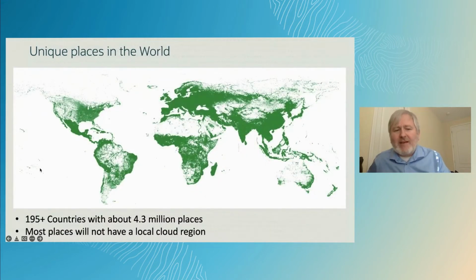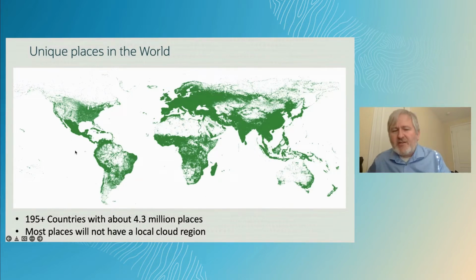What we're looking at here is where people actually live in the world. Each one of those green dots represents a town or a city. What you'll notice is in Alaska, northern Canada, Greenland, and Siberia, where it's really cold, there's not that many people living. Likewise, where it's really hot in the Sahara Desert or in the various deserts in Australia, there's not that many people.